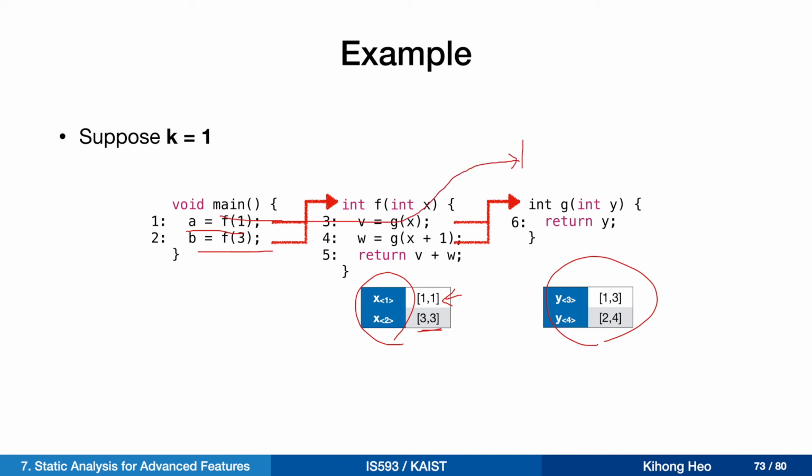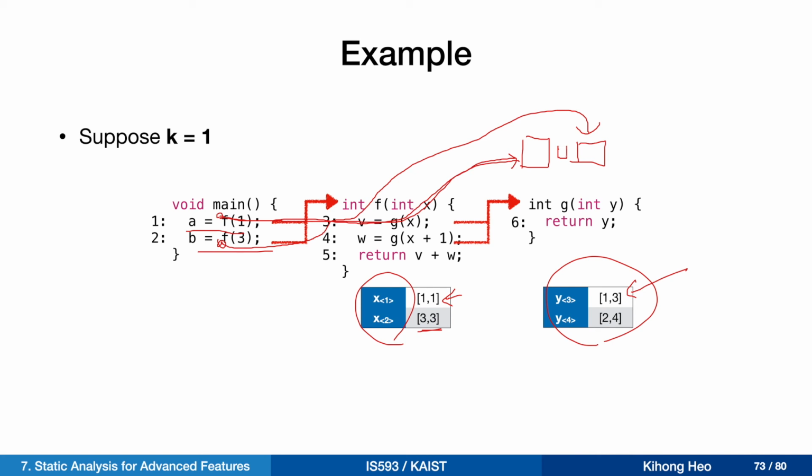One memory is from calling context 1 to 3, and the other one should be 2, 3 here. These two memories will be merged together, so the two abstract values for y will be merged into this one, interval 1 to 3.